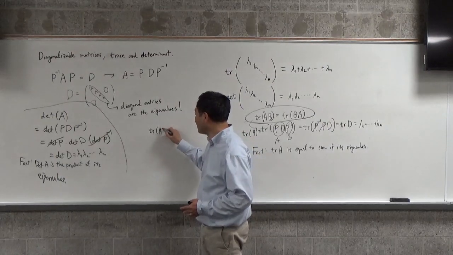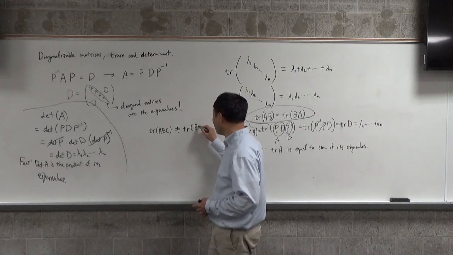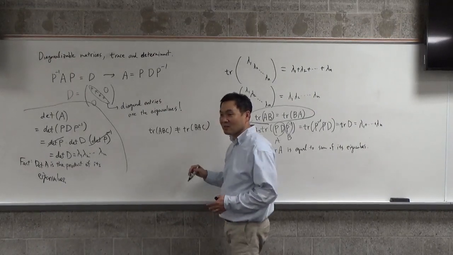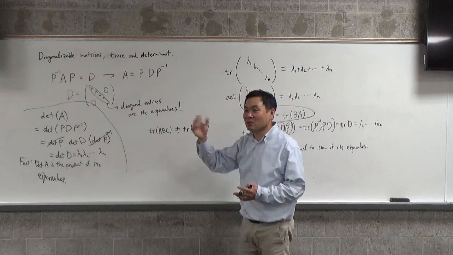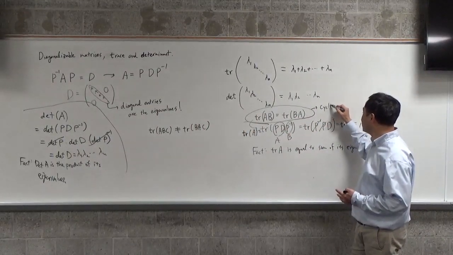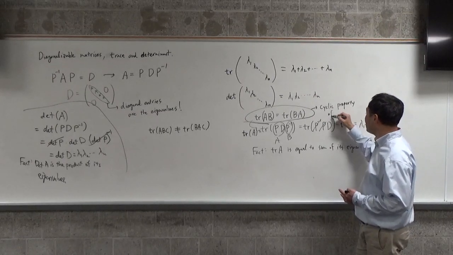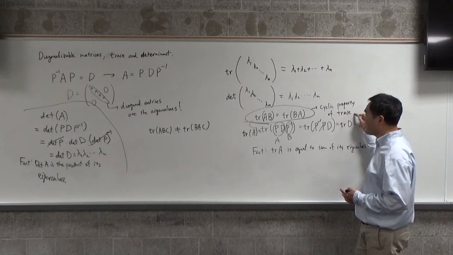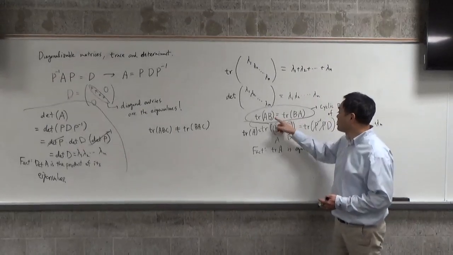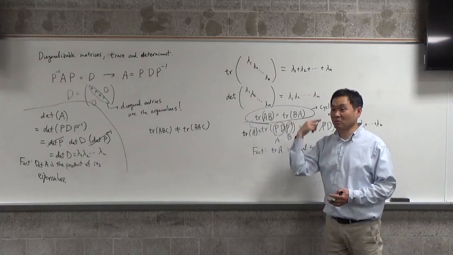Trace of ABC is not equal to trace of BAC in general. It's not like you can commute everything. So this one is called the cyclic property of trace. And what it means is that you can only take something at the end and put it in the front. You can only do that.